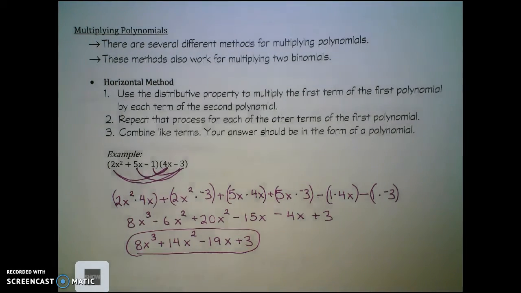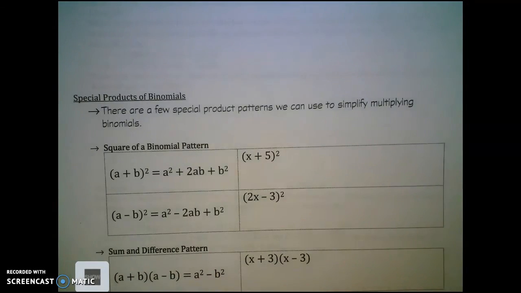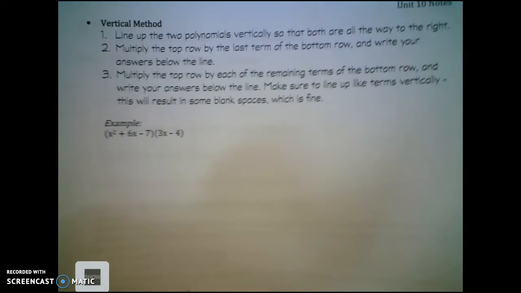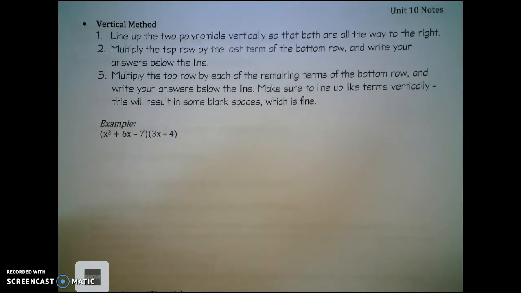Now there is another method that we can use to multiply polynomials. It's called the vertical method. In the vertical method, we will multiply polynomials very much like the way you might multiply large integers.